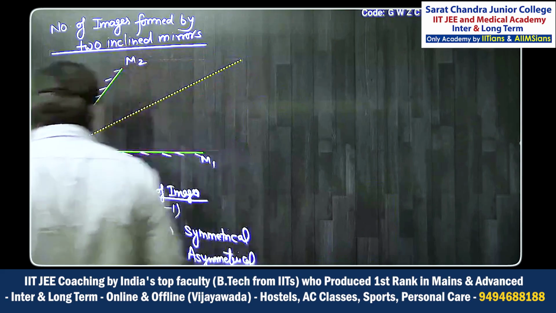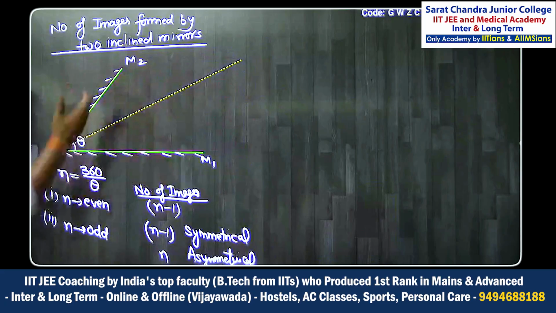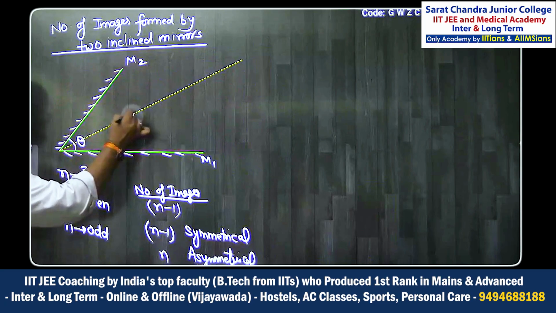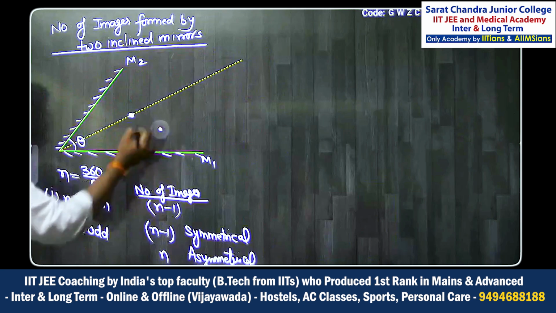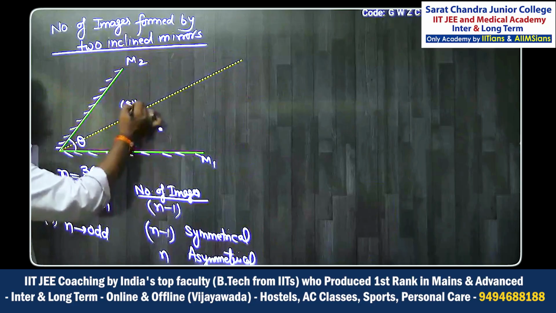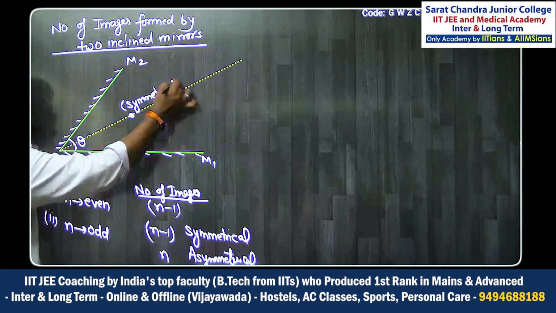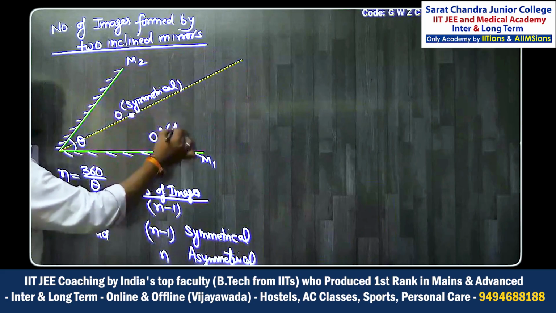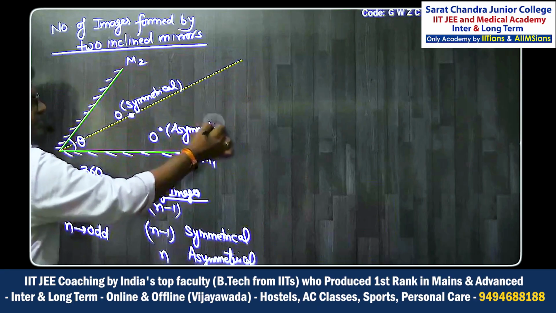You understand? If the object is here or here or here, for both the mirrors it will be identical. Or if it does not lie on this line, then it will be asymmetrical. If it is placed, suppose here, then this is the symmetrical position of the object. And anywhere else, this is an asymmetrical position.